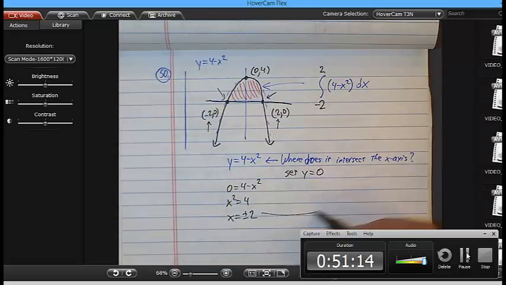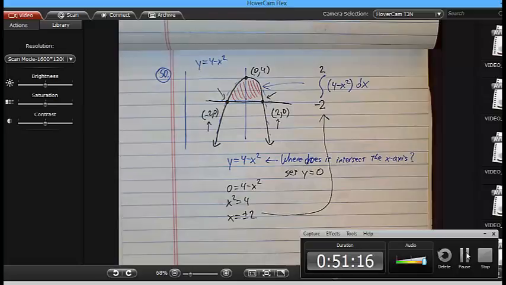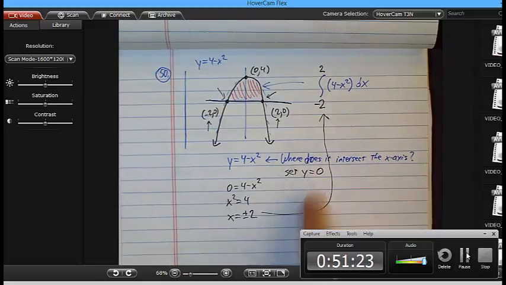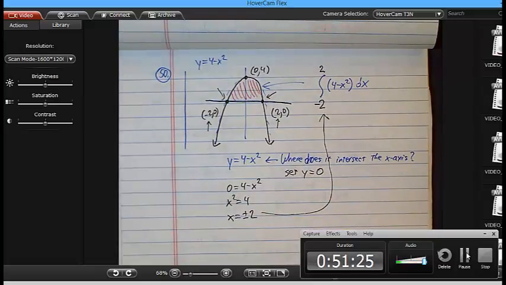And that's really all behind this. That's the hard part of this problem. It's not that hard, but you have to think of setting y equal to 0 to figure that out. Now, from here on out, can you guys get it? Okay? Probably. I think so. Antiderivative, plug in f of b minus f of a, and you guys will be set.